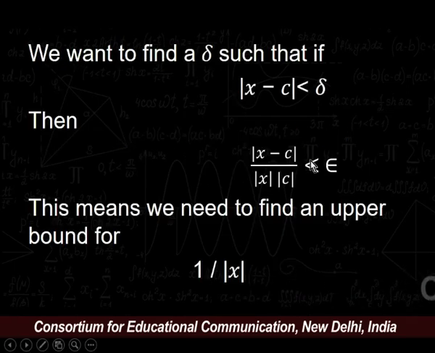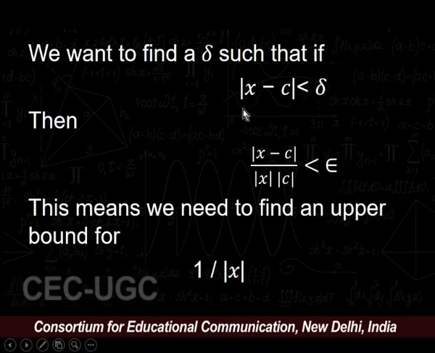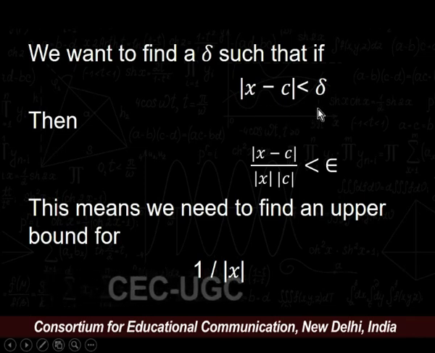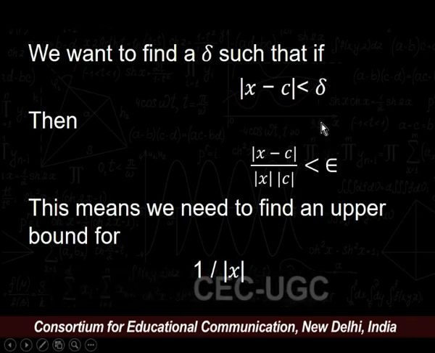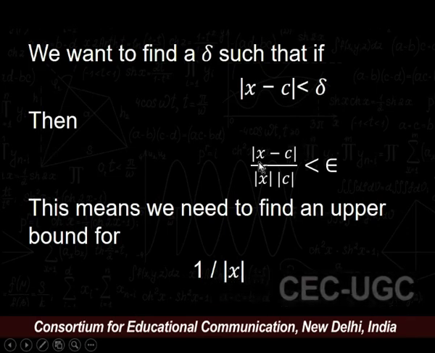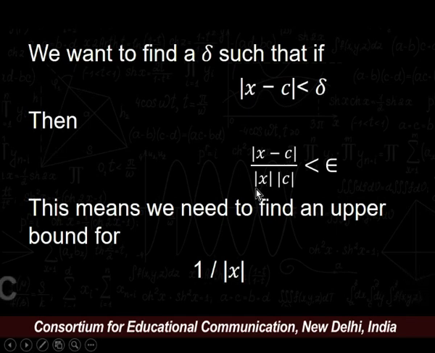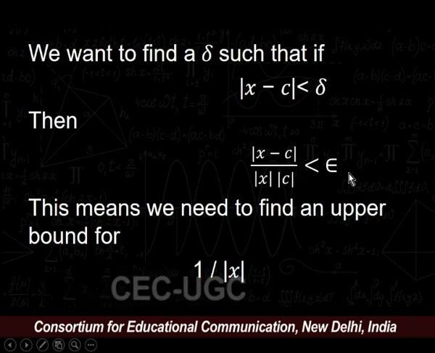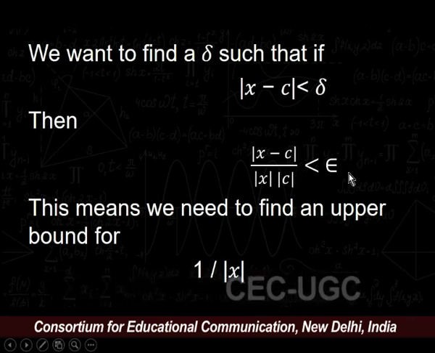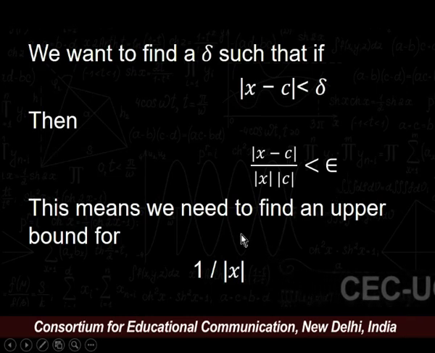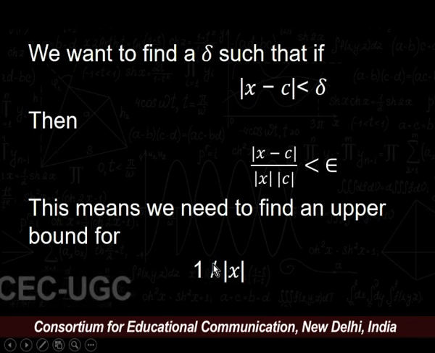We want to find a delta such that if |x - c| < delta, then |x - c|/(|x||c|) < epsilon. This means we need to find an upper bound for 1/|x|.